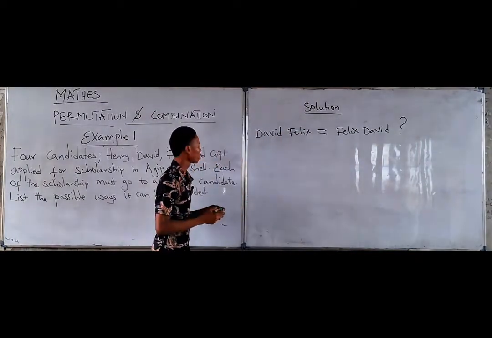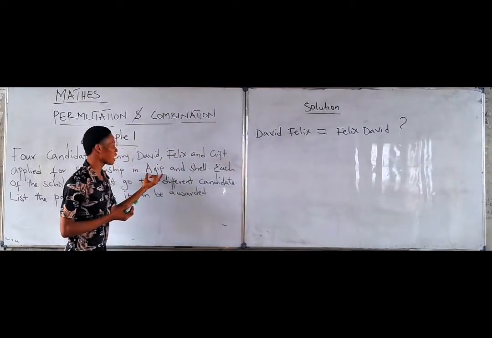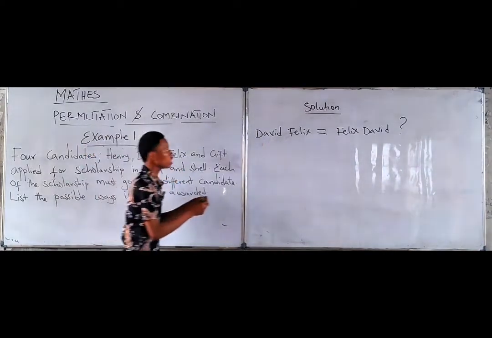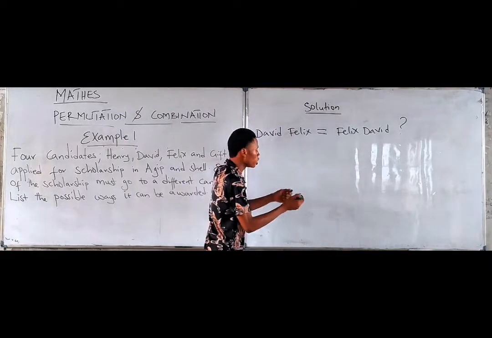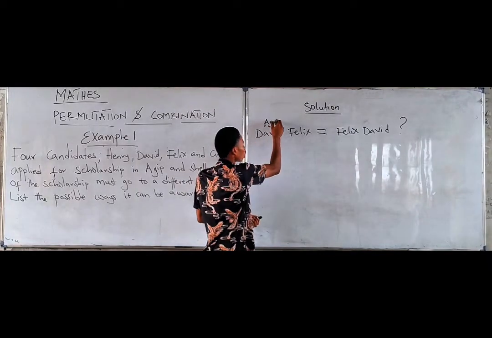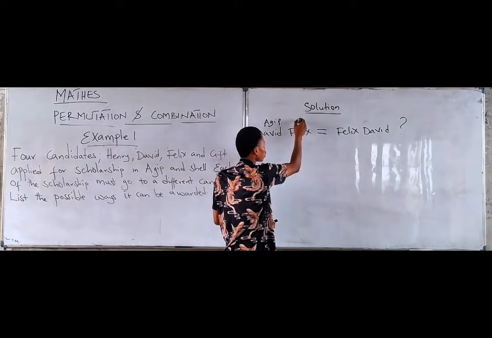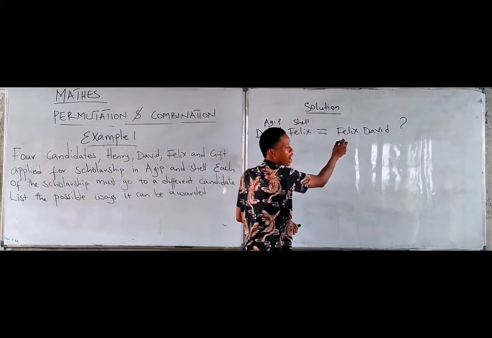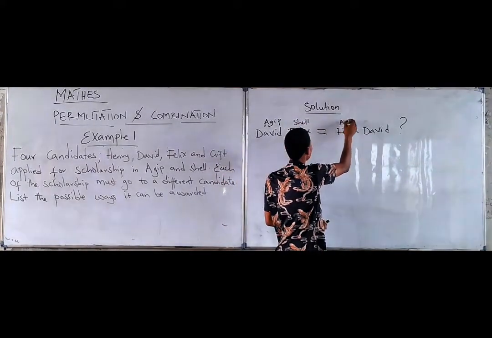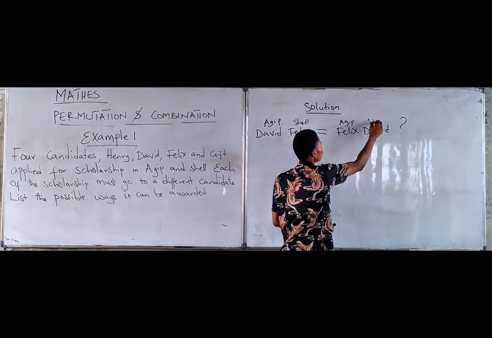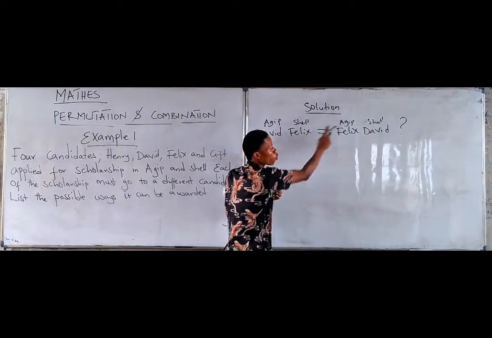This is what I mean. Now the scholarships are Ajib and Share, right? If you arrange David Felix this way, it means David got Ajib scholarship and Felix got what? Share. If you arrange it this way, it means Felix got what? Ajib and this one got what? Share. So is this equal to this?